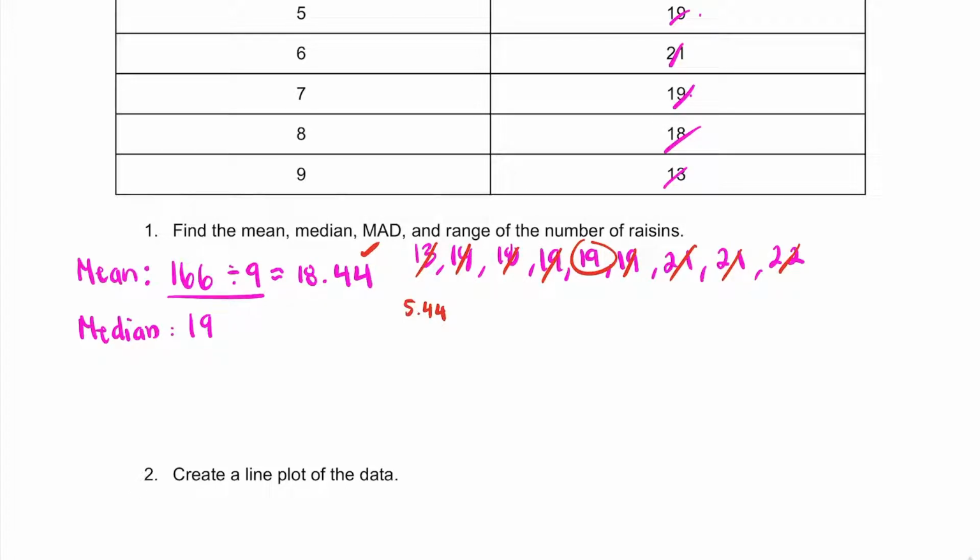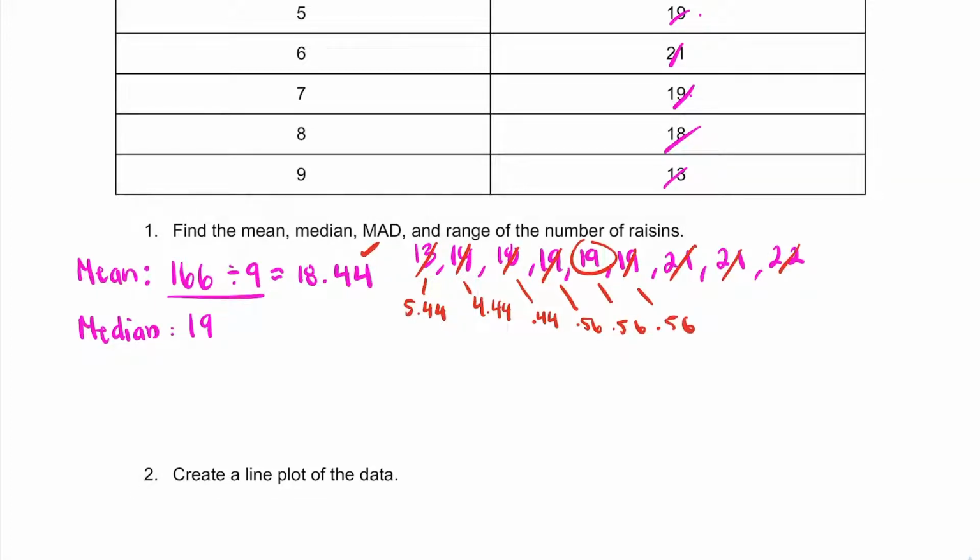Then 18.44 minus 14 is 4.44. Then 18.44 minus 18 is 0.44. 19 minus 18.44 is 0.56, so 0.56, 0.56, and 0.56.